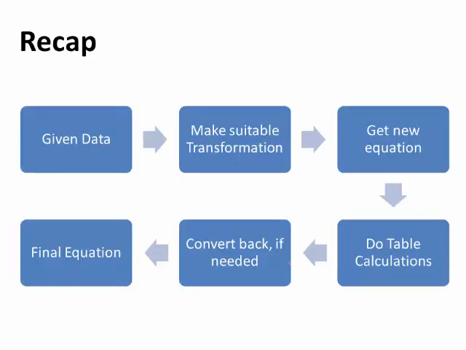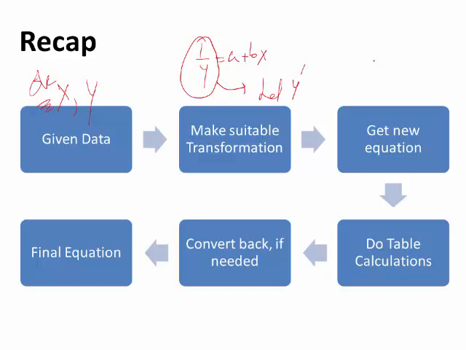Let me recap it one more time. The given data was in x and y form, okay, and the required equation that we want to fit was in this form, 1 over y is a plus bx. We converted this by making a transformation. We let it as y dash, so the new equation becomes y dash equals a plus bx.